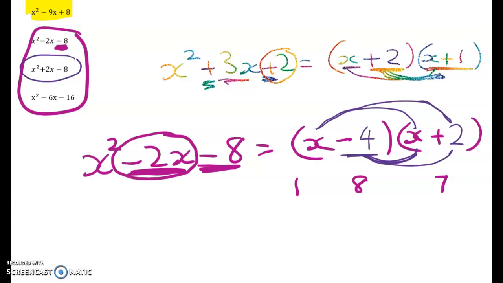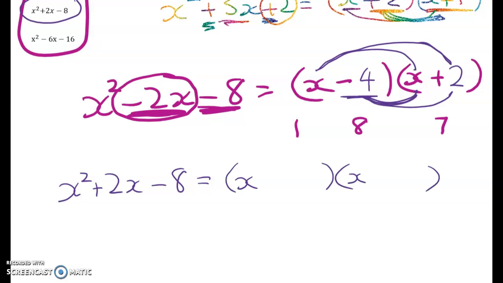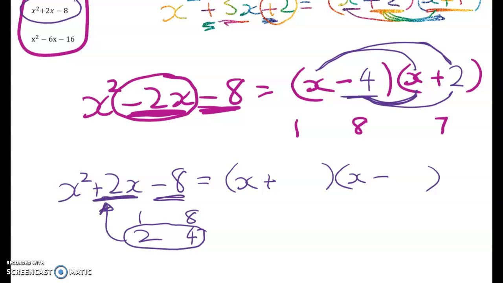The next one will be the other way around. So x squared plus 2x minus 8 is equal to this. X times x, I need to have a positive and a negative number. So it's going to be either something to do with 1 and 8 or something to do with 2 and 4. The gap here is 2 between 2 and 4, and I need to end up with plus 2x.